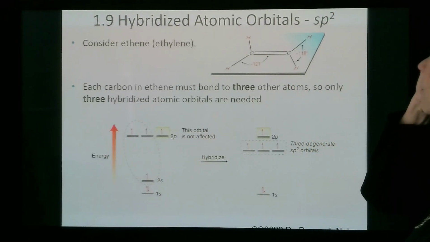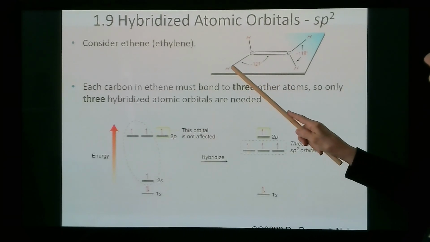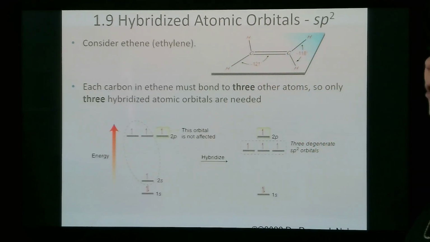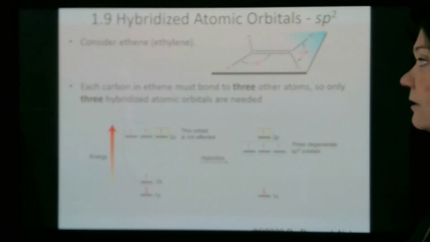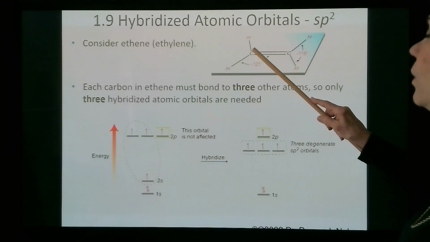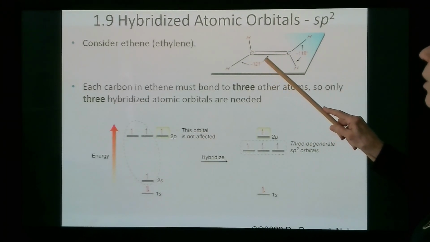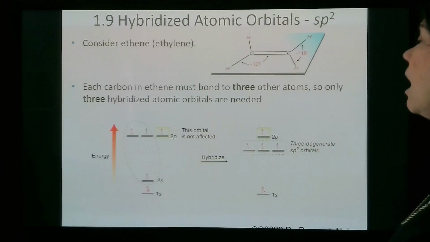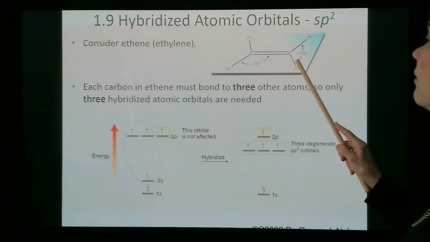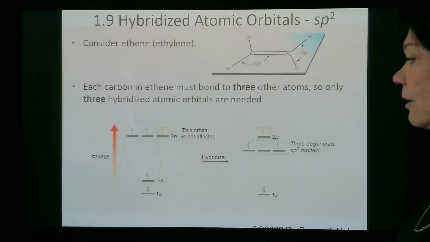In sp2, you can see the angles HCC or HCH are around 120 degrees. And so we need to have hybridization that will allow those sorts of bond angles. And also, all of these atoms are planar.